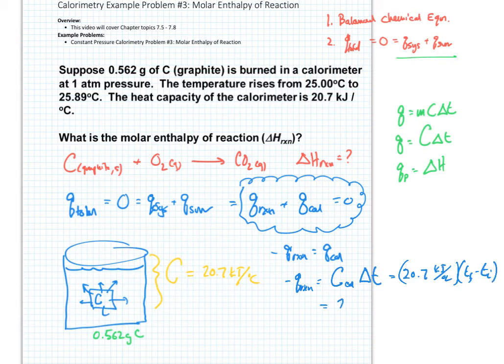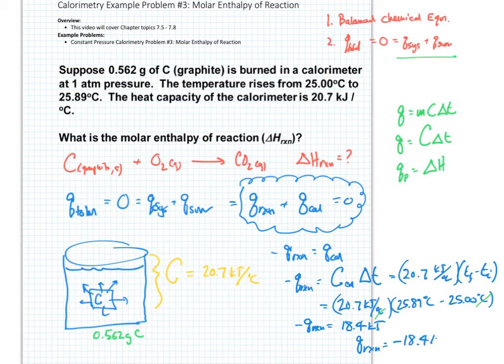Okay, so that's going to be 20.7 kilojoules per degree C times 25.89 degrees C minus 25.00 degrees C. Celsius cancels Celsius, and my answer is going to be left in kilojoules. So minus Q reaction is going to be equal to 18.4 kilojoules. Q reaction is equal to negative 18.4 kilojoules.